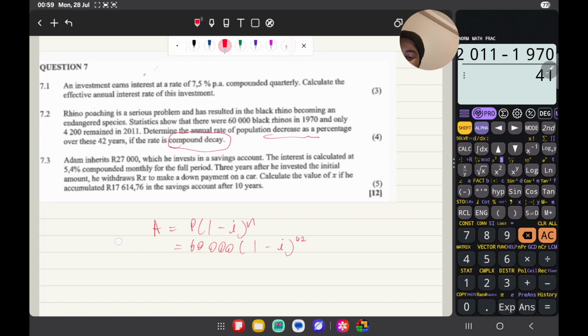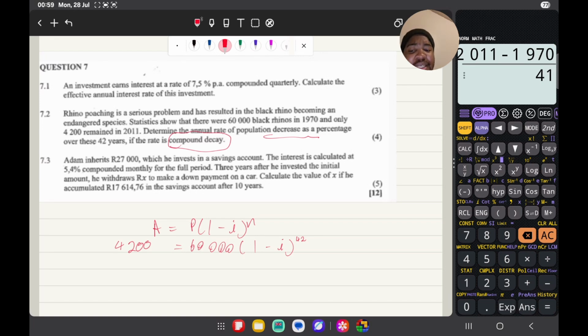Here I'm going to put 4,200 because this is what's remaining in 2011, and the whole duration has been 41 years, right?